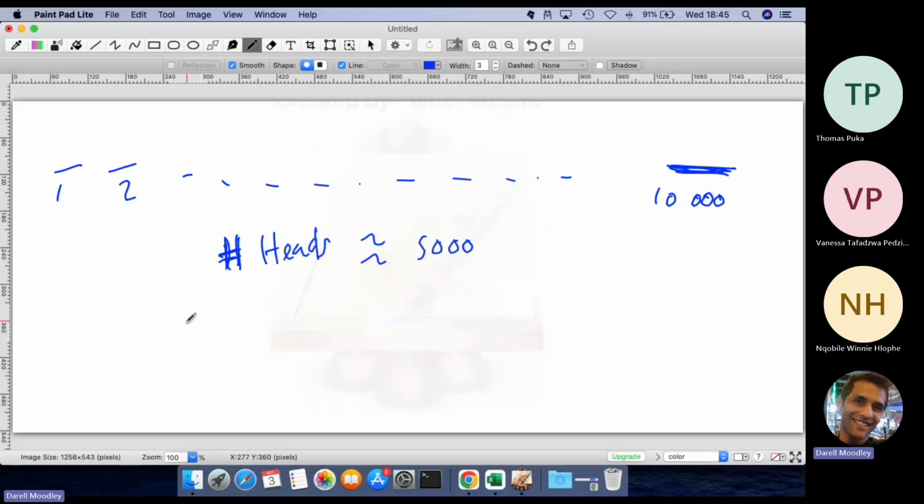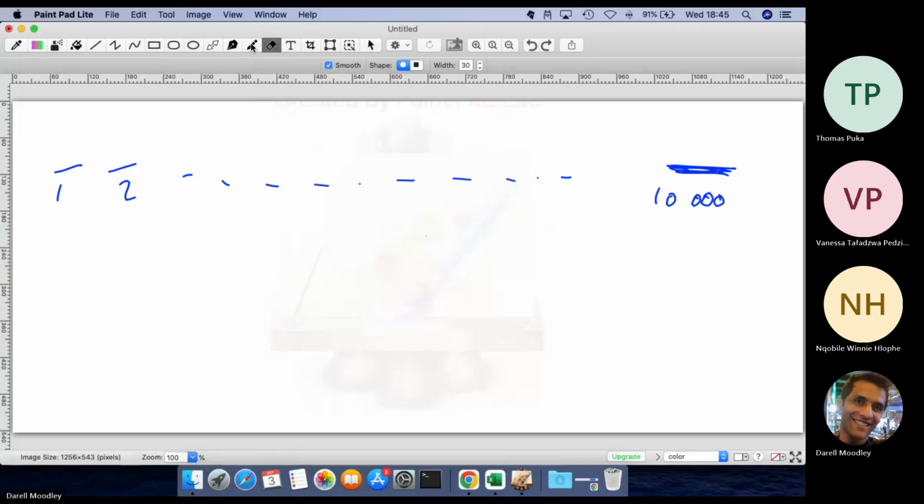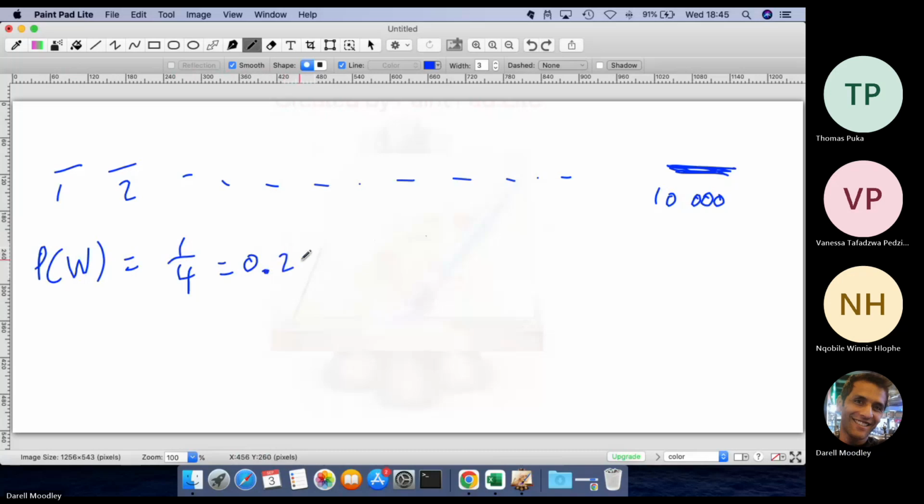Let me ask you this instead. If you played a game 10,000 times, but your probability of winning is 1/4, in other words 0.25, a 25% chance of winning, then the number of times you would expect to win would be a quarter of 10,000.